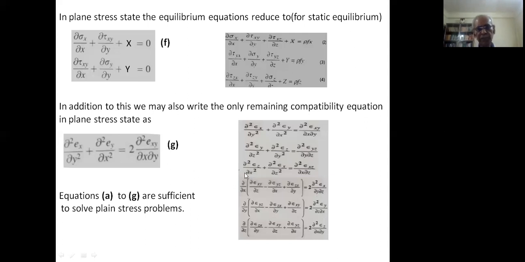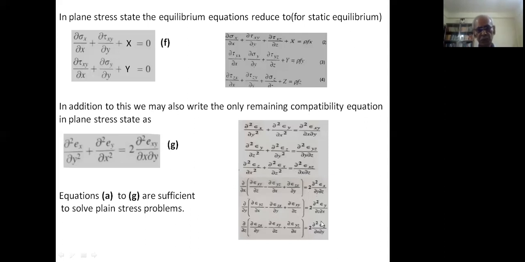Next equation we've got del square epsilon z by del x square plus del square epsilon x by del z square is equal to del square epsilon zx by del x del z. So this is also satisfied and we don't need to take this into account.